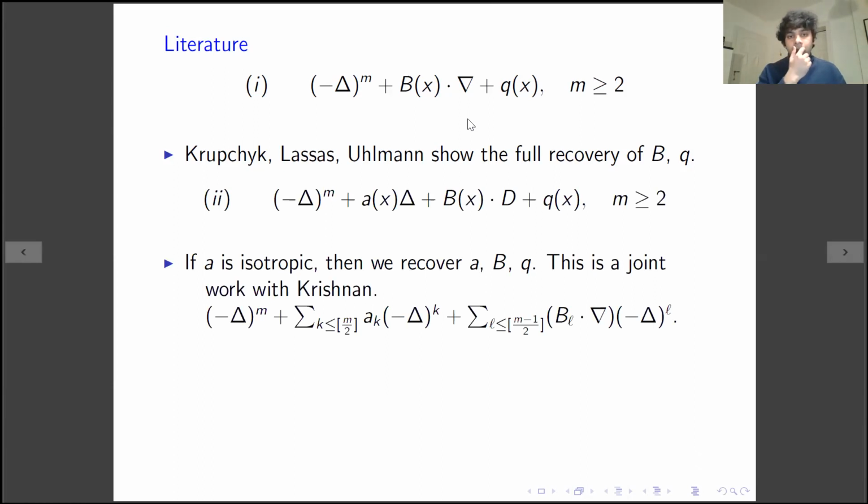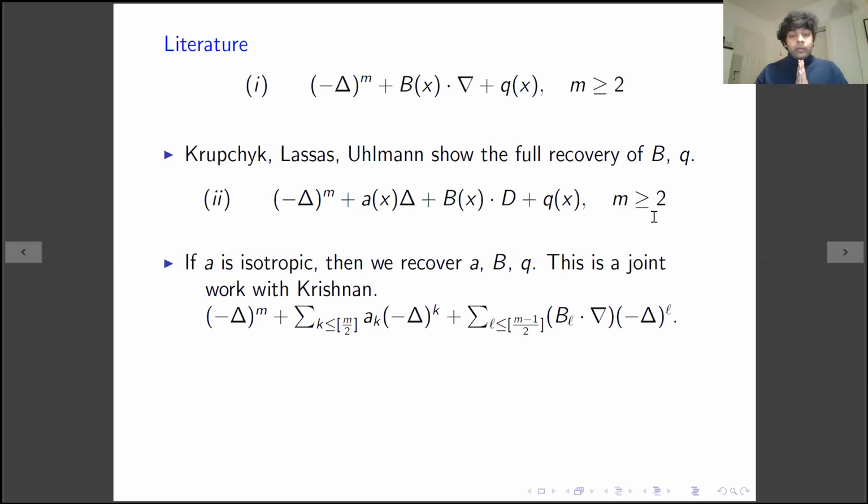Here is the model problem we looked at. This is my second order perturbation, just A times the Laplacian, and as usual we have the first order and the zeroth order perturbation. And here you have m greater or equal to 2.